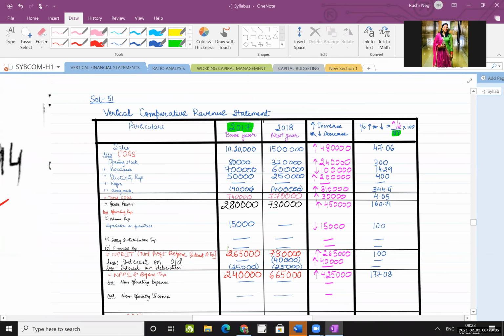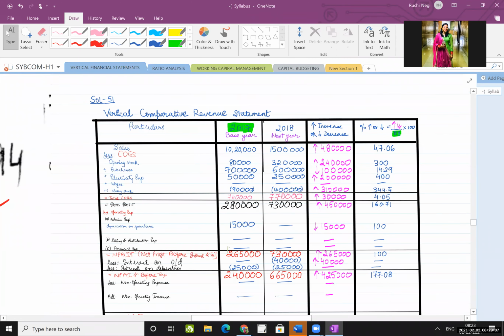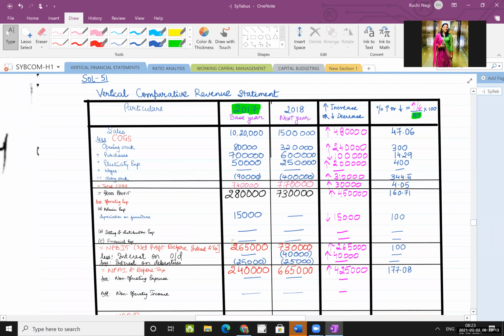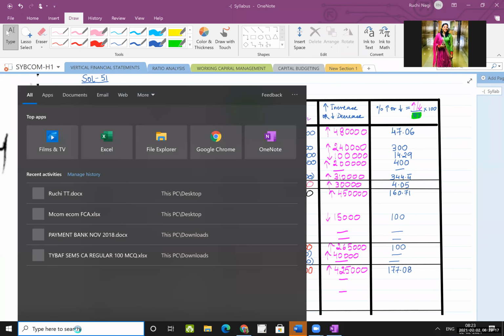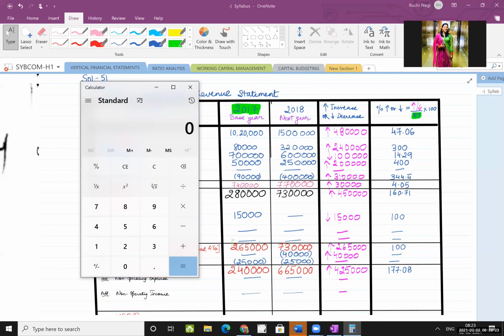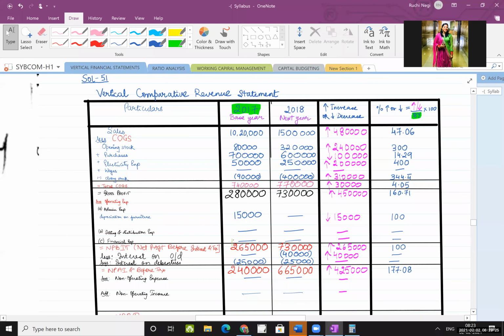Make this: vertical comparative revenue statement. 2017 base year, 2018 next year. You can even write current year, students.